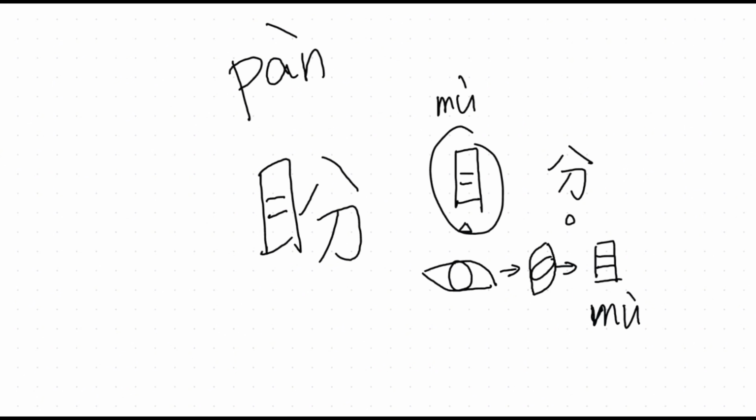And it means your eyes. So now you can see this character has mu as its radical part on the left. So this character must have something to do with your eyes.